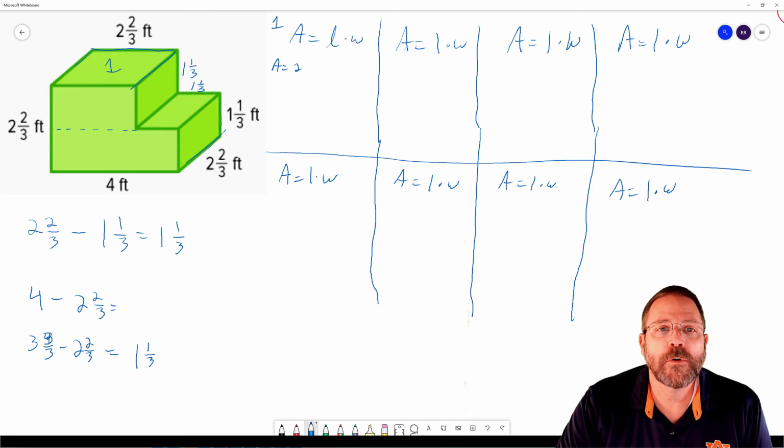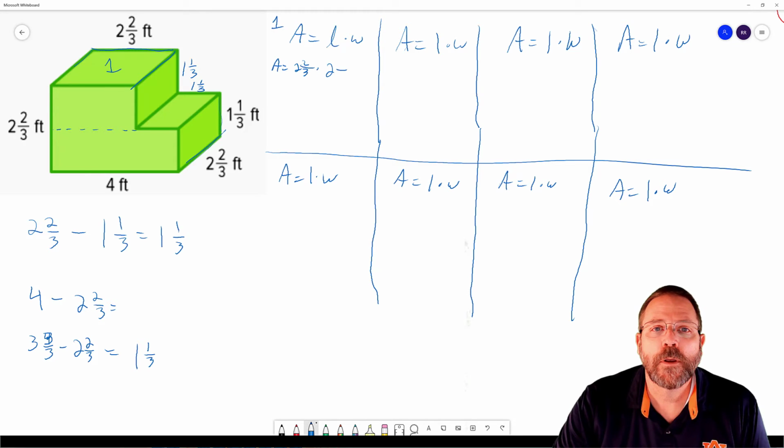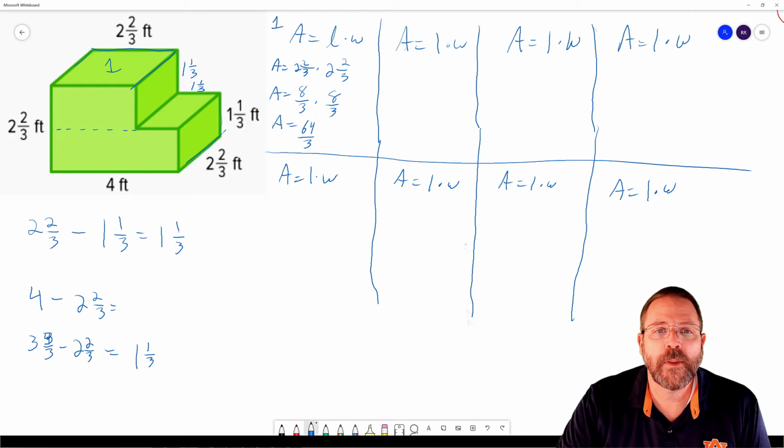So area is equal to 2 2/3 times 2 2/3. So that means area is equal to 3 times 2 is 6 plus 2 is going to be 8/3 times 8/3, which means the area is going to equal 8 times 8 is 64 and 3 times 3 is 9, and we have our first rectangle.